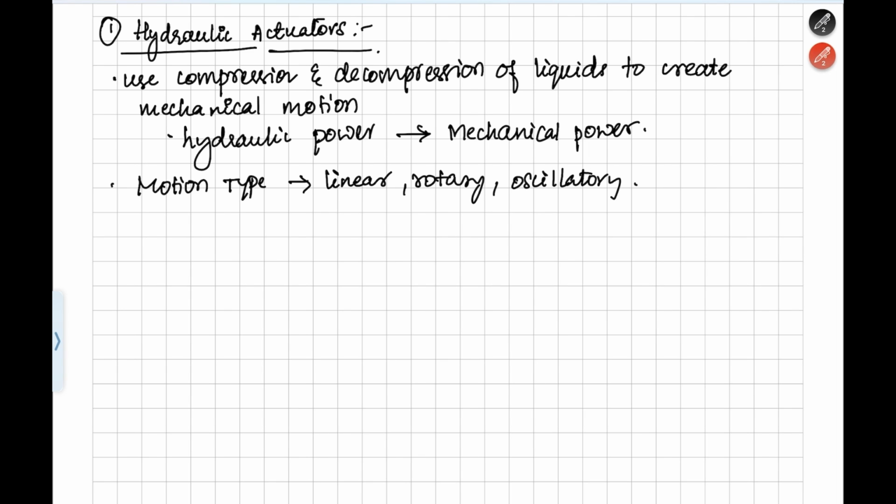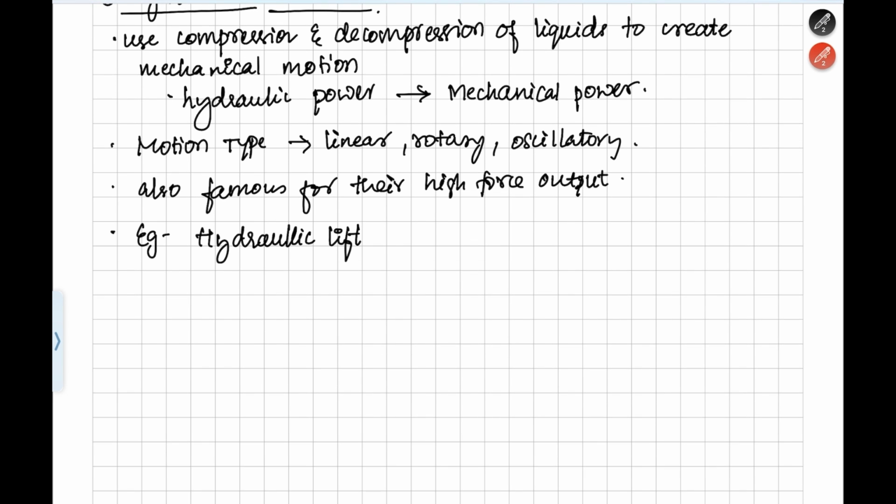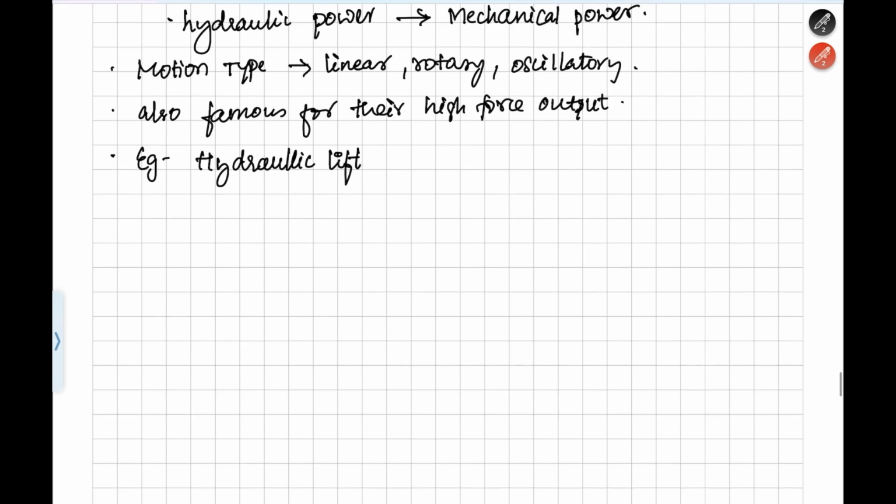They are also famous for their high force output. If we have to speak of examples, almost all of us have used hydraulic lifts, right? This is one of the major examples where heavy duty machinery or heavy tasks are done easily by making use of hydraulic power.